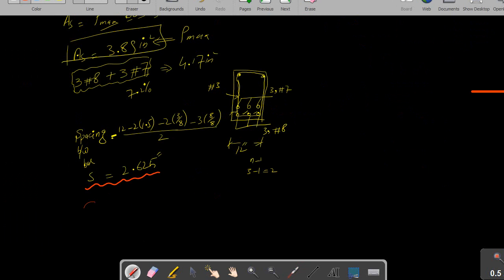Now we will calculate the S max value and the S minimum value. These two values are important, and we will check whether our S is greater than S minimum and less than S max. This is all about detailing.